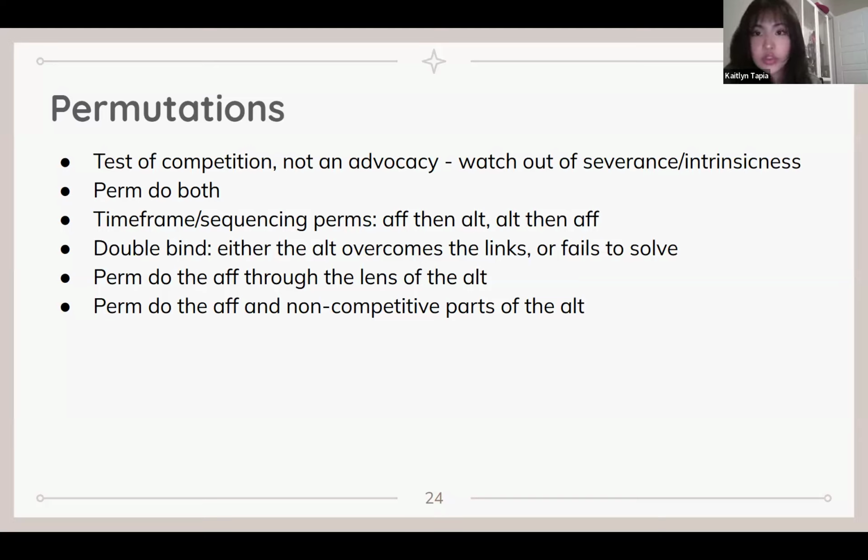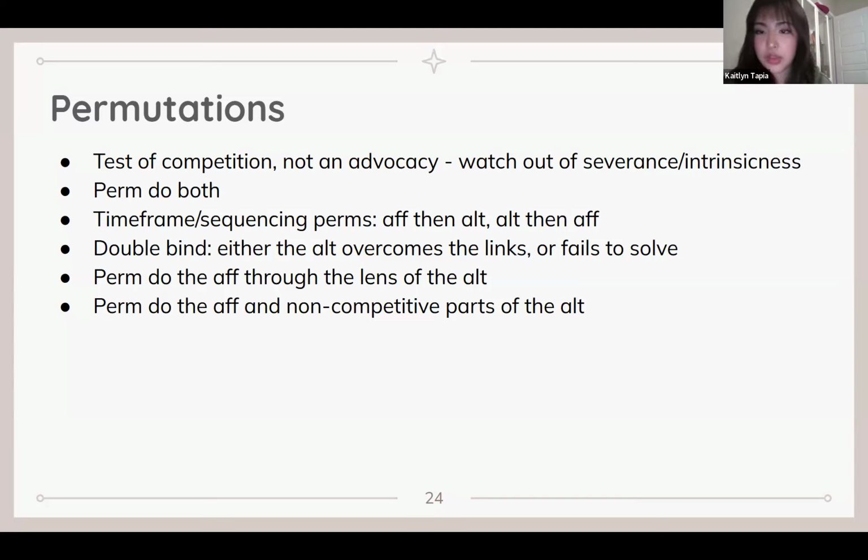Next is a time frame or sequencing perm, which says that we do one and then the other. It can be the AF and then the alt, or it can be the alt and then the AF, right? So the US should join UNCLOS and then decolonize, or we should decolonize and then join UNCLOS. Now, this type of permutation might be problematic because it could engage in severance, right?